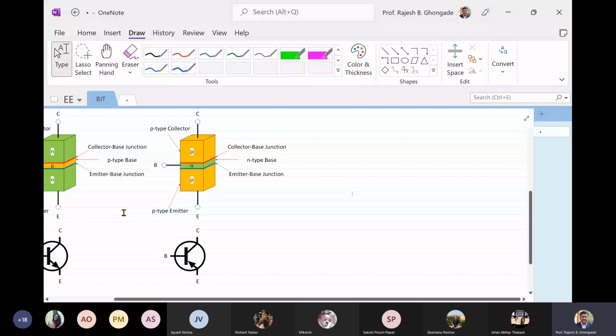This is called the base, and this is called the emitter. Similar for this transistor. Is the geometry clear to all of you?